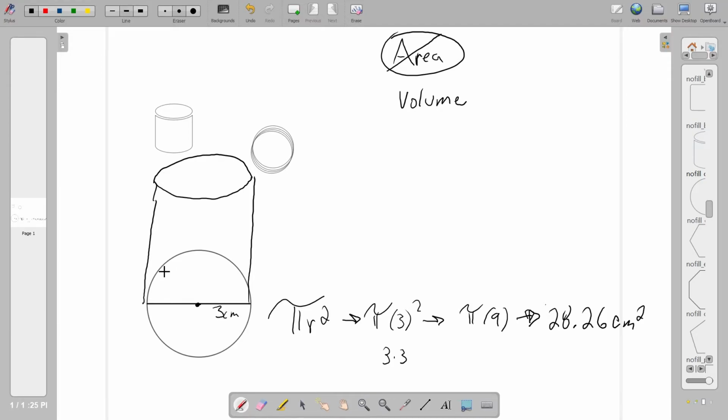So if we take the area of the circle and multiply it by how tall the circle is, we get pi r squared h for height.